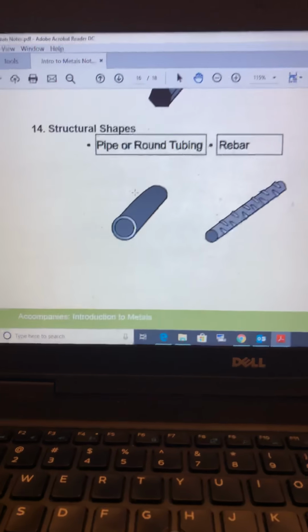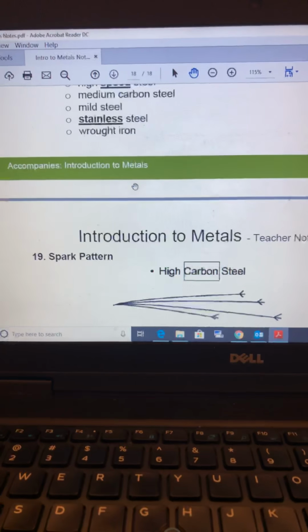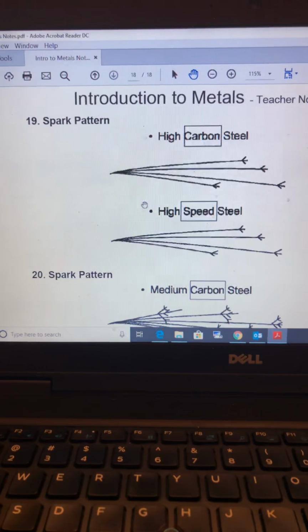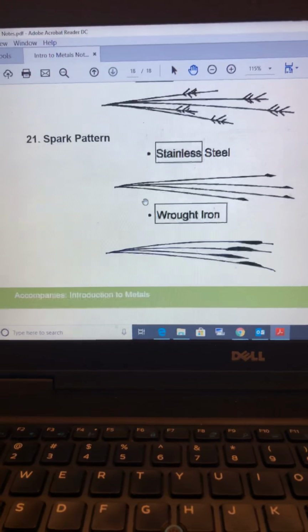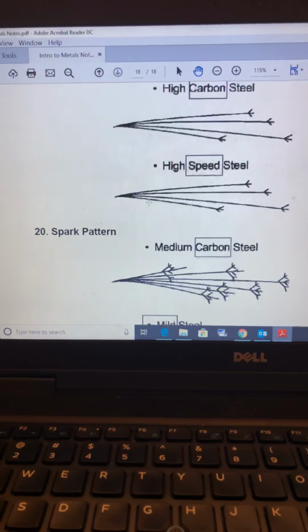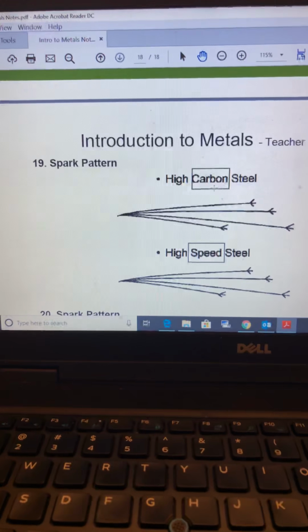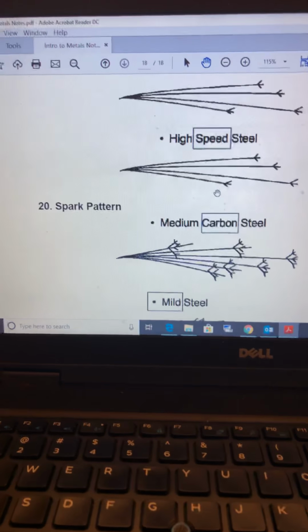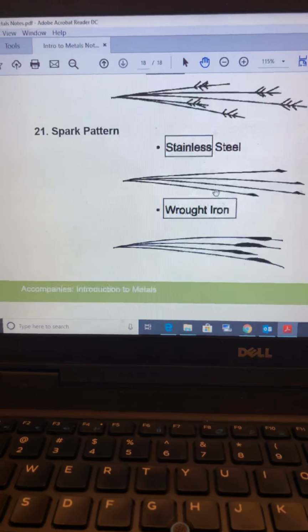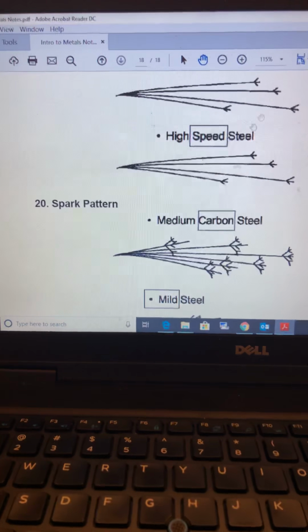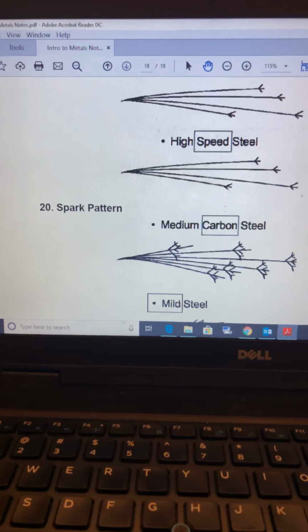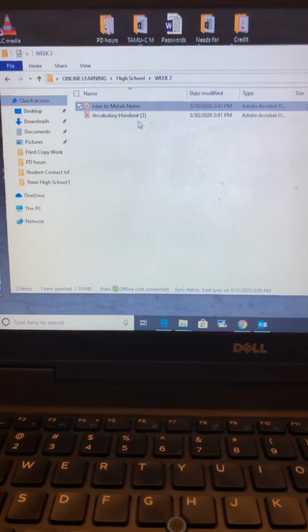They're just different types of steel. There's also a spark test. There's a really good video on YouTube if you search for spark test of different steels. You can see medium carbon, mild, stainless, and wrought iron, and what the actual spark would look like coming off of each.